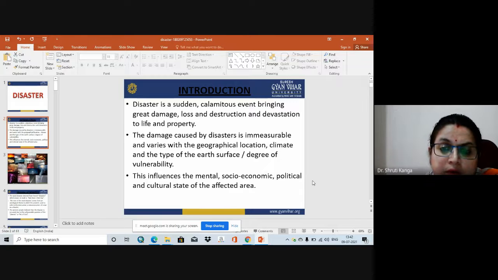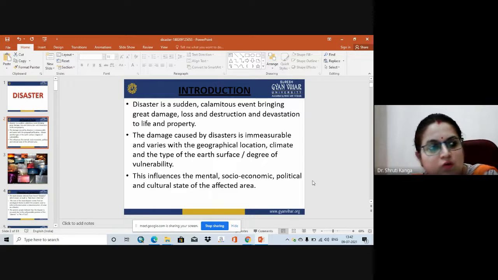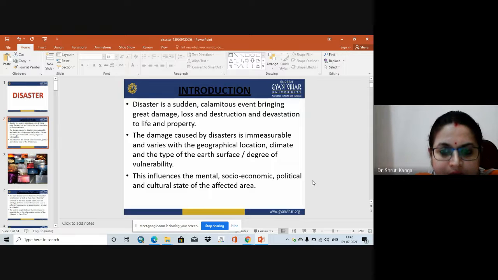If you talk about tsunamis, they may take place in areas where you have seashores. In places like the Himalayas, you don't have disasters related to tsunamis. In plain areas, as I told you, disasters like landslides won't take place.